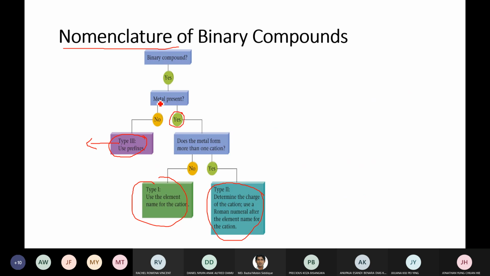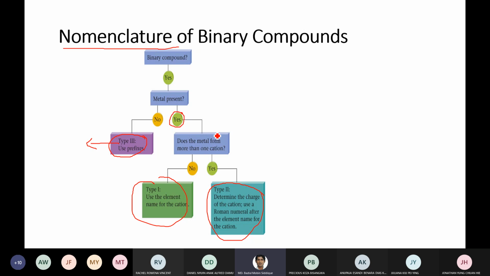If there is a metal inside that compound, then we see whether that metal has more than one cation or not, because just now we have seen that the metals in the D block, they can have different oxidation states.